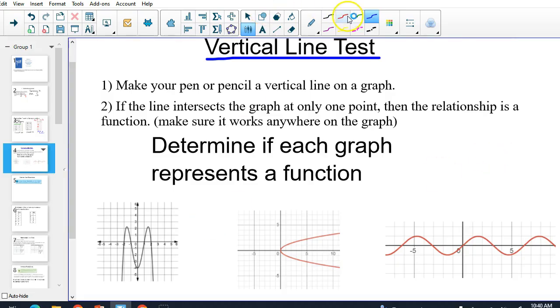So for instance, let's look at our first relation here, the graph. If I draw a vertical line, we don't touch multiple times. Draw a vertical line, see it only touches a single time. Since it only touches one time, it's going to be a function.